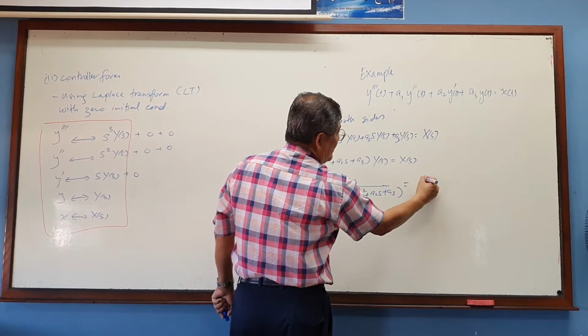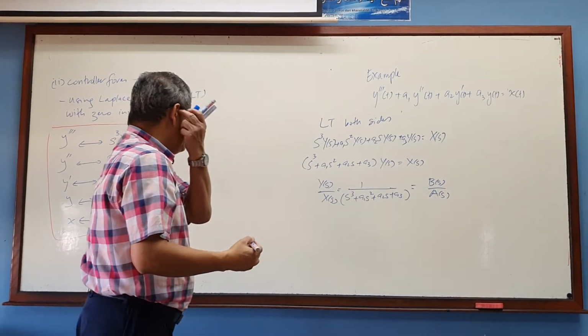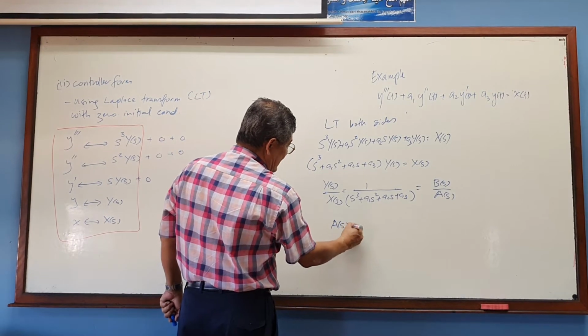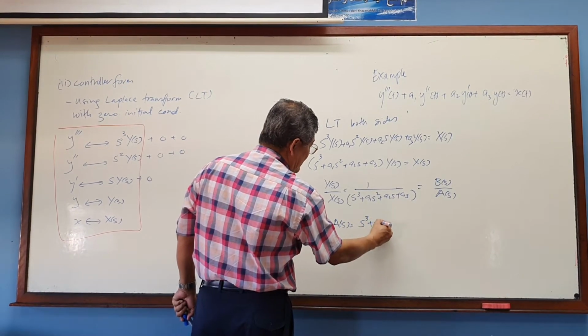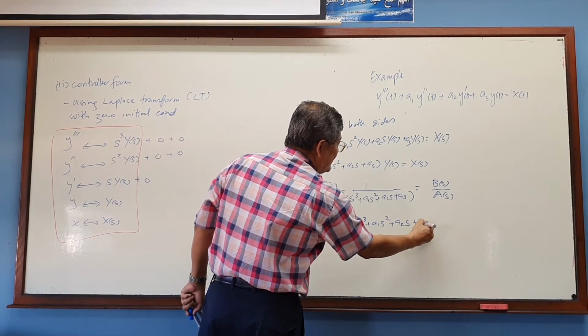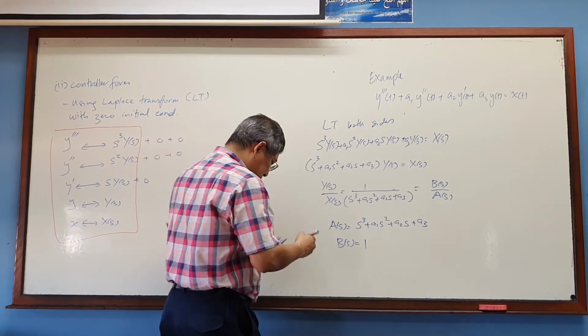So this one will be equal to B(s) over A(s), where A(s) is equal to s cubed plus a1 s squared plus a2 s plus a3, and B(s) is equal to 1.